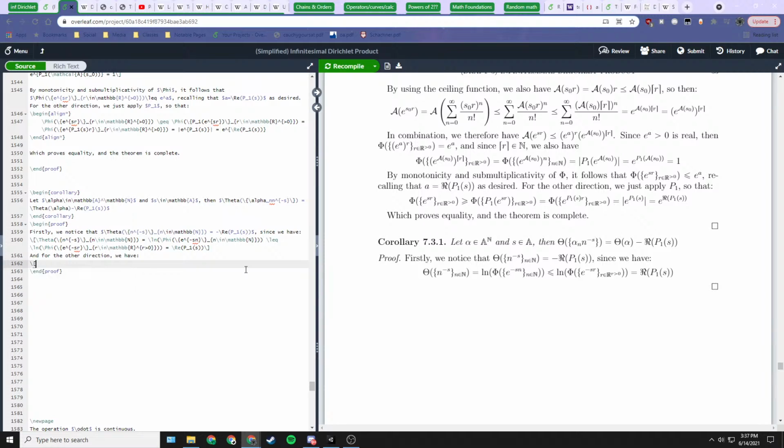And then for the other direction, we should have, actually I think this is, no, this is, yeah, okay. We can try this, maybe. I wonder if this would work.